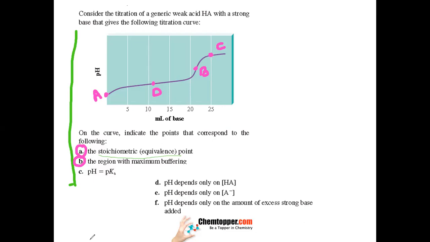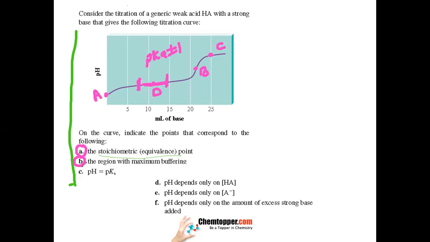Very good, Atharva. Jyoti and Sanvi, I hope you're understanding this. Yes, this is the best buffering area. Plus minus 1, you remember pKa, buffer capacity. So this area is going to work like the best buffer. Perfect, Atharva. Very good.